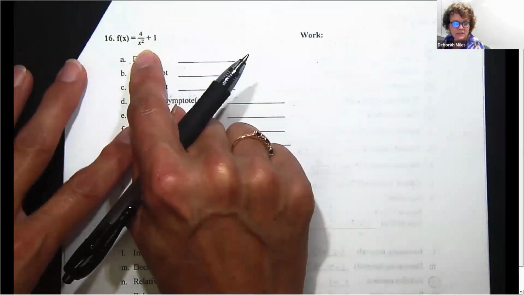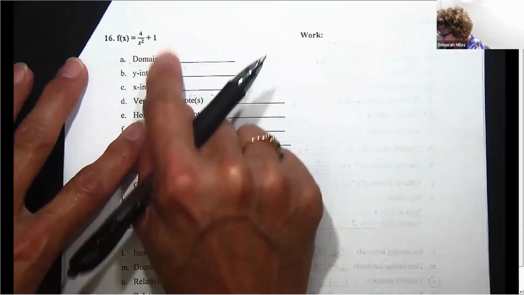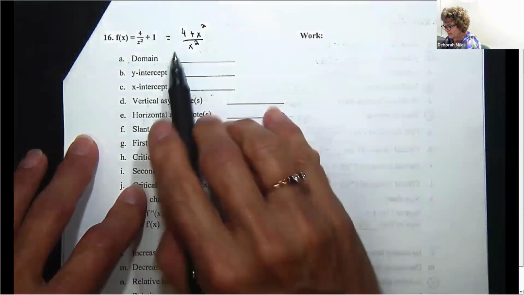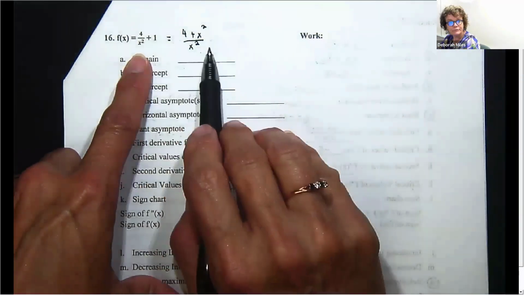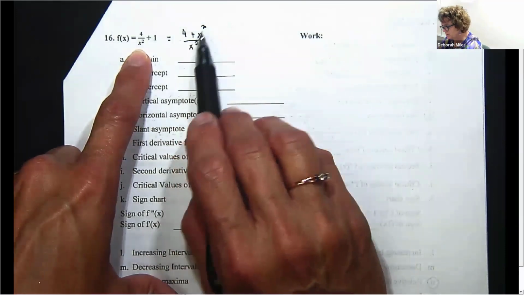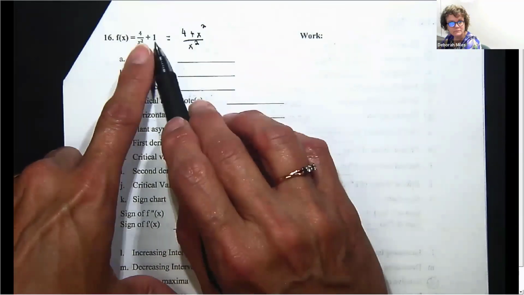So if I got a common denominator, wrote that 1 as x squared over x squared, then my single fraction would be 4 plus x squared over x squared. And I can double check that by breaking it back into 2 different terms. First term is 4 over x squared. Second term is x squared over x squared. That's my 1.